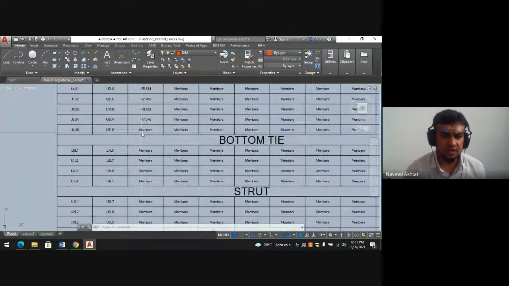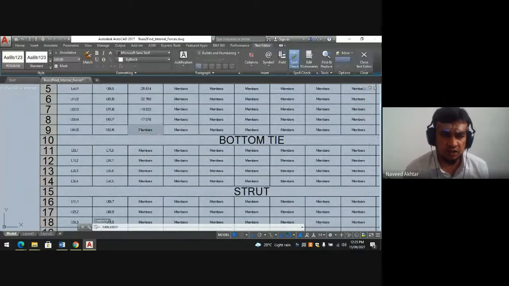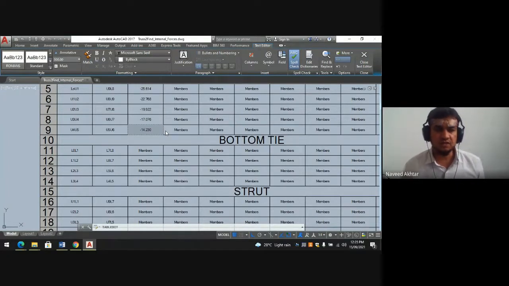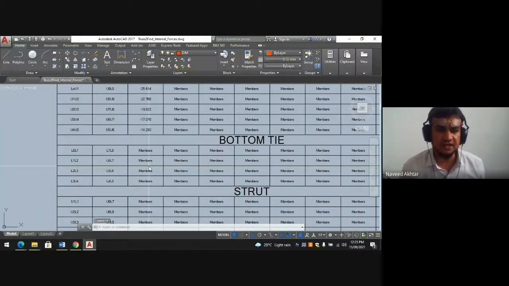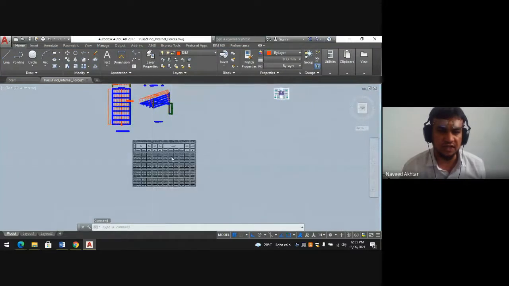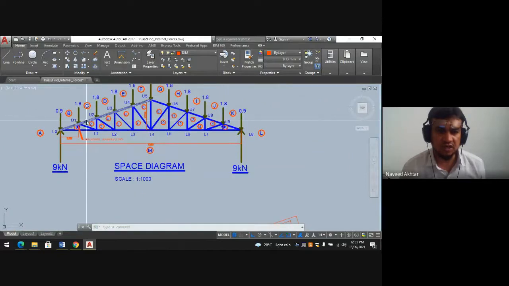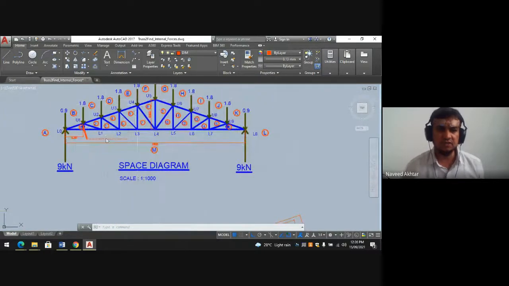Because this is member after member, in gravity load, dead load, it is downward force. So therefore, in downward, that is in compression, it is 14.230. Minus sign is for the compression. So this one is a compression member.